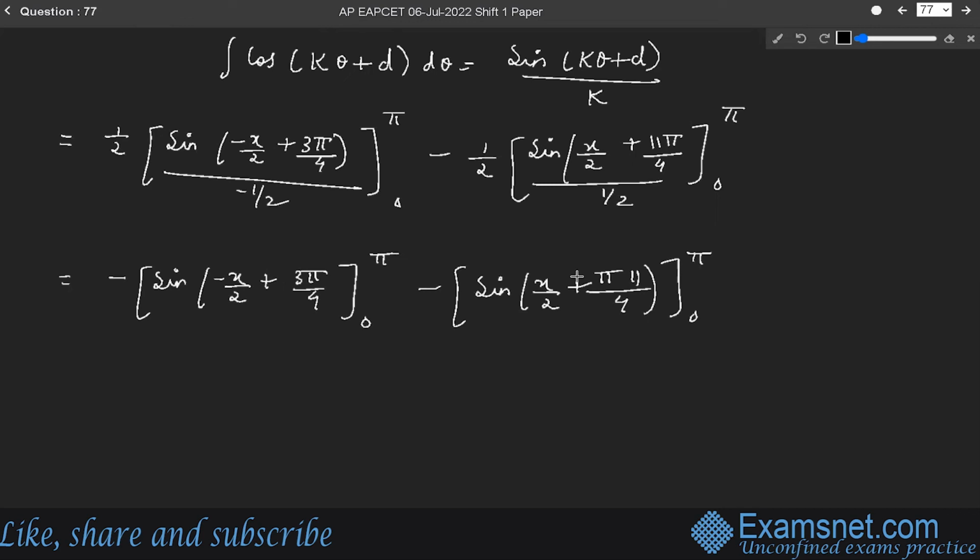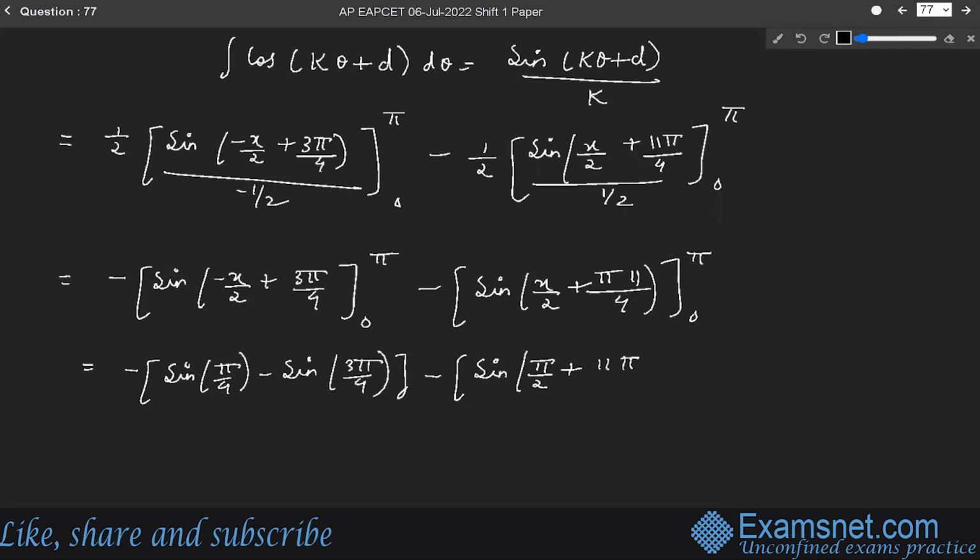Here 1 by 2 and 1 by 2 will be cancelled in both the sides. So this will be equals to minus of sin pi by 4 minus sin 3 pi by 4 minus sin pi by 2 plus 11 pi by 4 minus sin of 11 pi by 4.